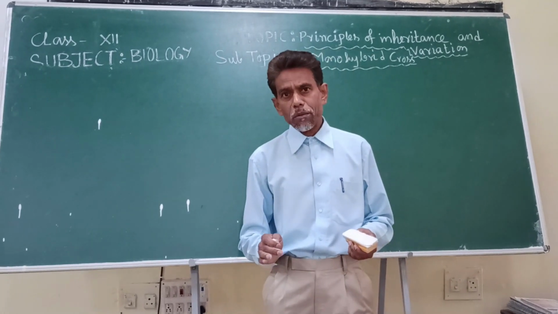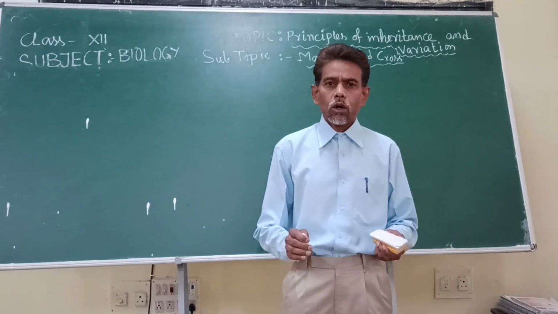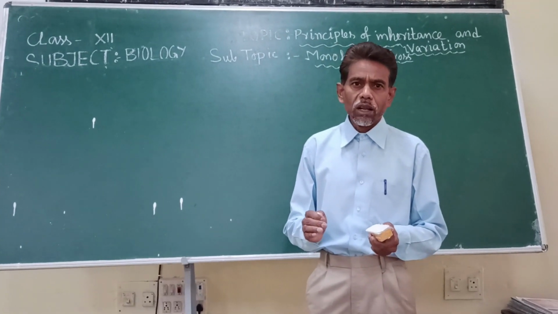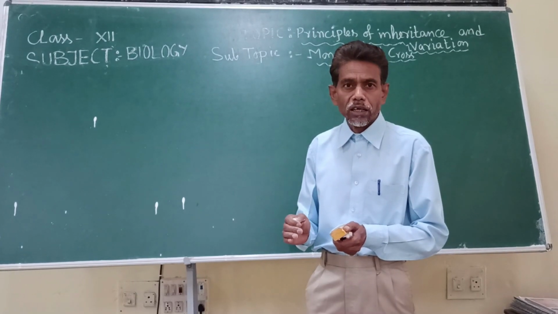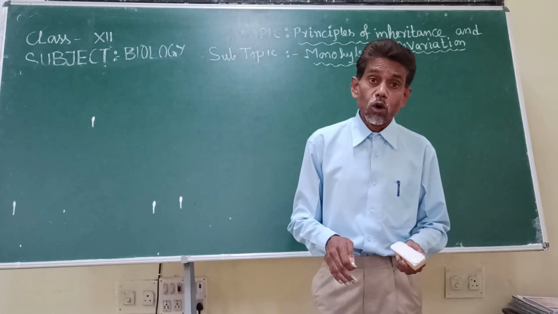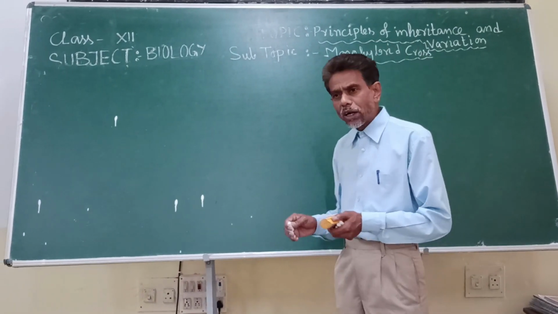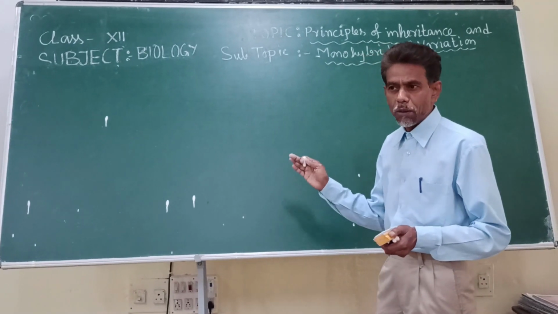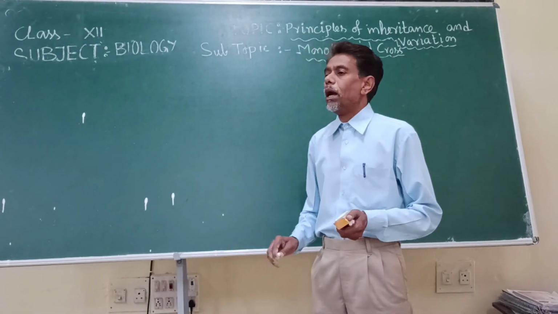But for the first time, it was Gregor Johann Mendel who gave a very concise, very systematic idea in the form of his principles, doing experiments on garden pea. So what was his experiment? Let me first describe it, then we shall go to the monohybrid cross.